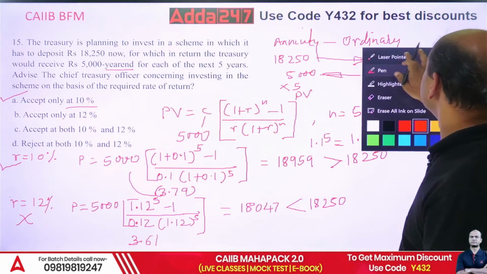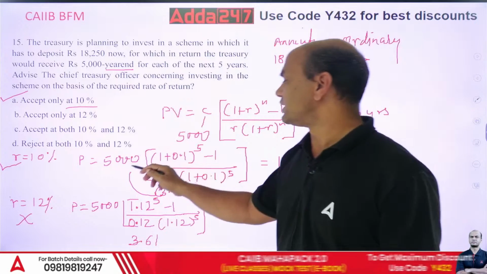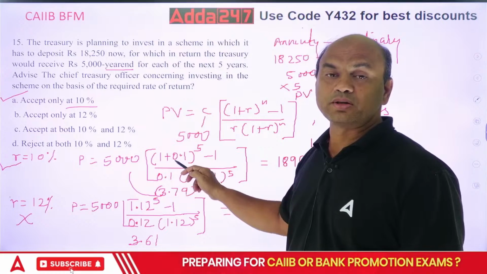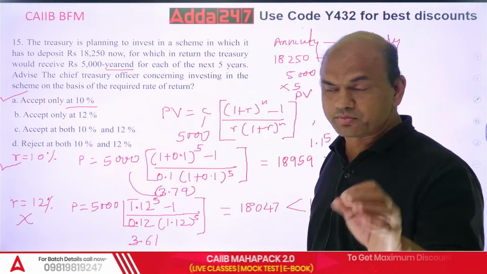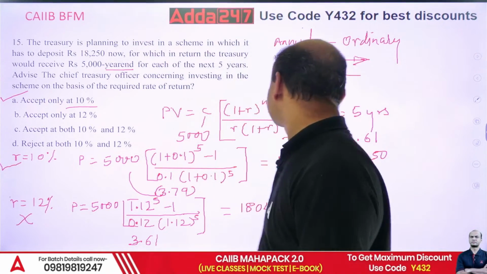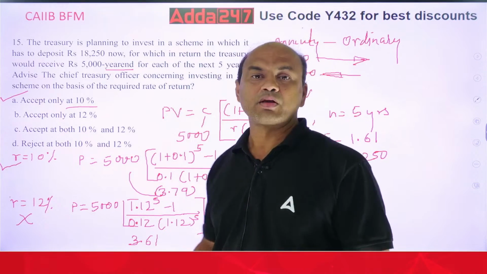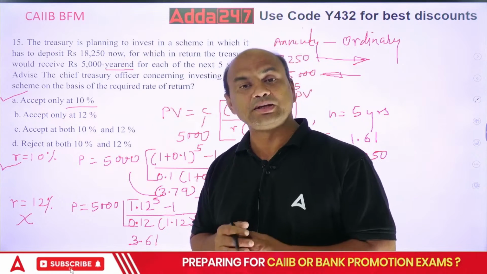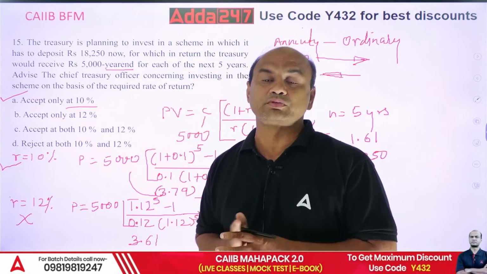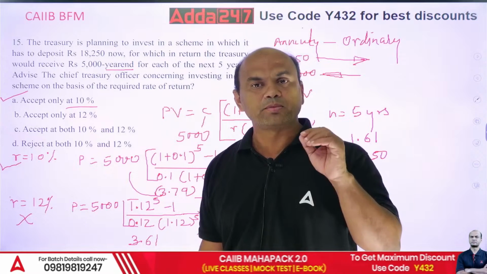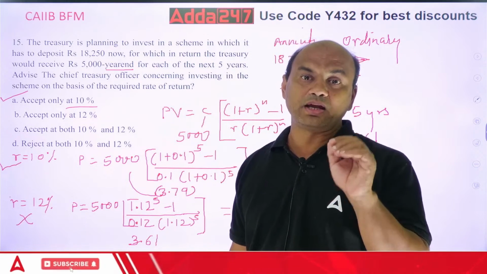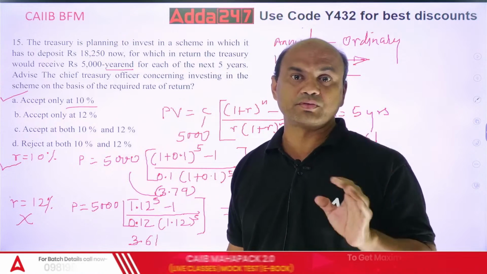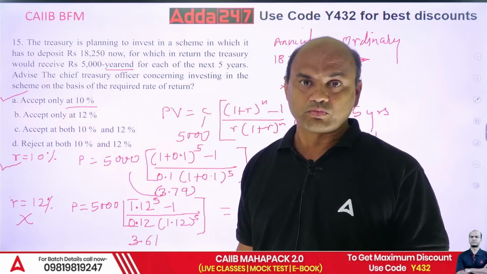So 5,000 into this will become what? 1.1 raised to 5. Everyone do it first. What are you getting? Let me see in the comment section. How to do this on the calculator? Type 1.1, then type into, then type equal to 4 times. 1 less than whatever is required.